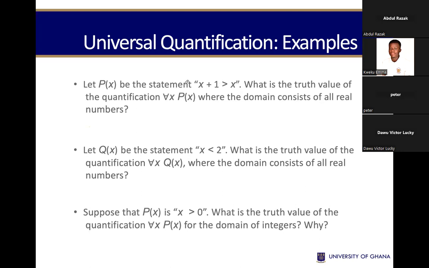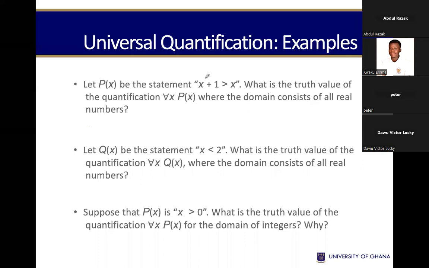So no matter the possible combination of positive real numbers, in this situation, I'm going to have this be true. Let's come to negative real numbers and check and assess it. Let's assume that this X here is probably -1, for example. I'm going to have -1 plus 1, which is going to give me 0. Is 0 greater than -1?